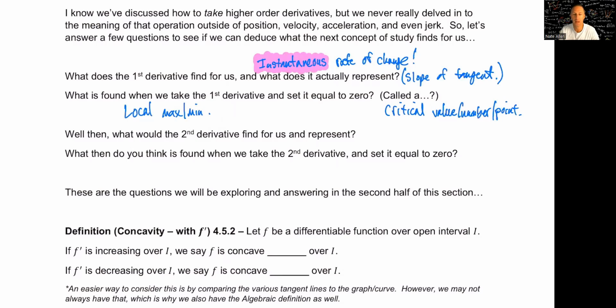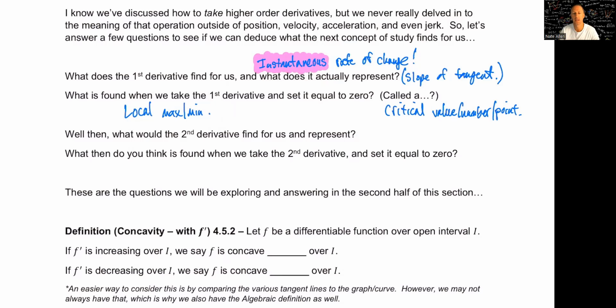Well, then thinking about all of that, what the first derivative found for us and what it actually represented, what would the second derivative find for us and represent? Go ahead and pause it right here and think about it if you got a few seconds. You want to stretch and work that mind out and grow it.